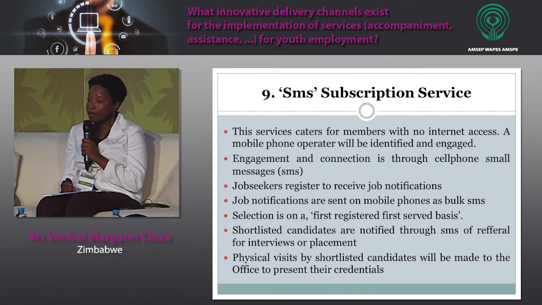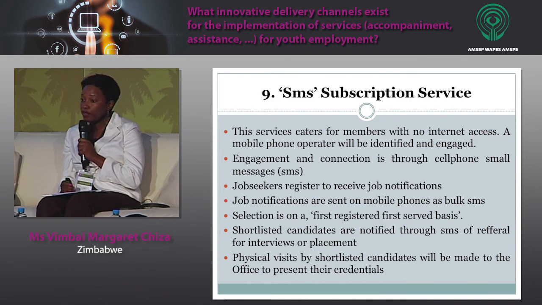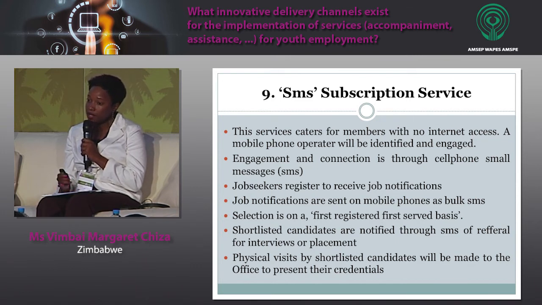So we will talk to the telephone networks that are available in Zimbabwe, so that we are able to send bulk SMSs targeted between the ages of 18 to 35.